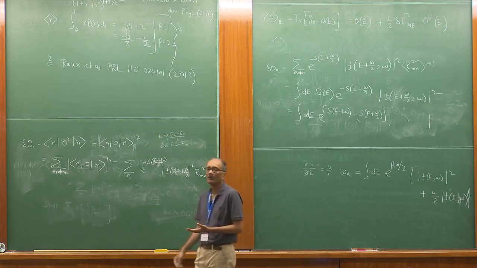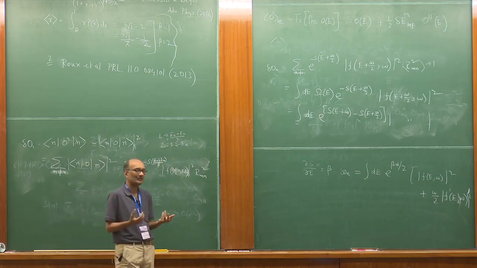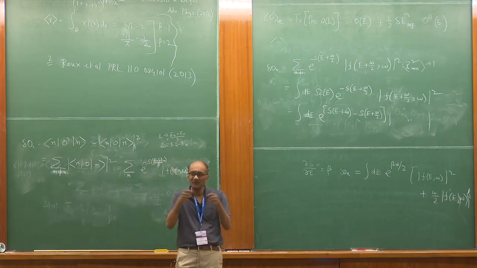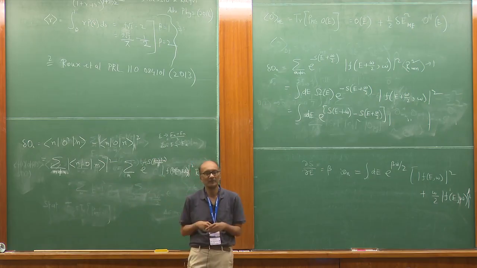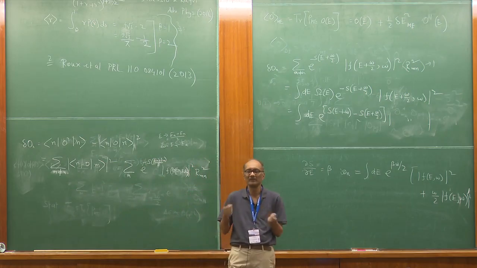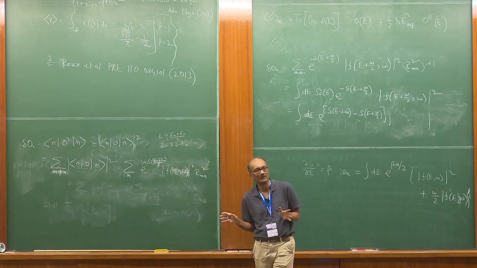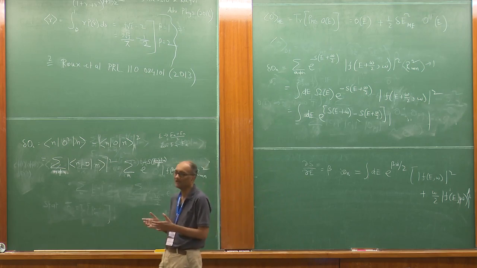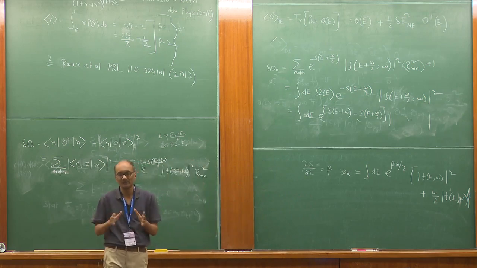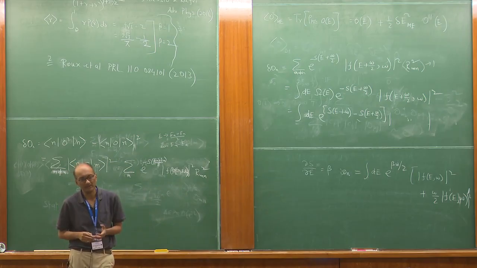What it doesn't hold for are things like projection operators. If you have a projection operator whose matrix element is very well localized in some specific energy, there is no ETH there. For example, a projection operator onto the ground state: clearly the ground state is not thermal and you don't expect ETH there. So one needs to be careful, but this is very useful in understanding local correlations of standard operators that we typically study in many-body systems.